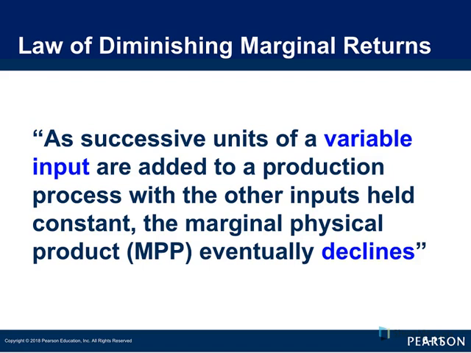This idea of increasing variable inputs and having it be less and less effective over time is called the law of diminishing marginal returns. While you can add more labor as a variable input, eventually, as you add more people, the effectiveness of those people begins to decrease.